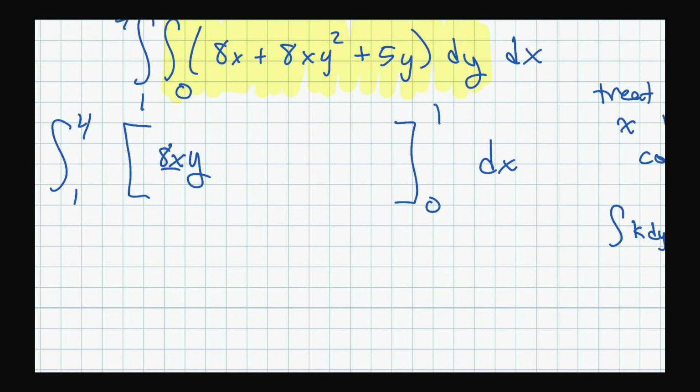We're treating 8x like a constant, so we have to write it this way. Oopsie. Okay. Now, the next one actually has a y, so you've got 8x is a constant, and then the antiderivative of y squared is y cubed over 3. And then this one has a y. Antiderivative of 5y is going to be 5y squared over 2. So, this is a little bit confusing.